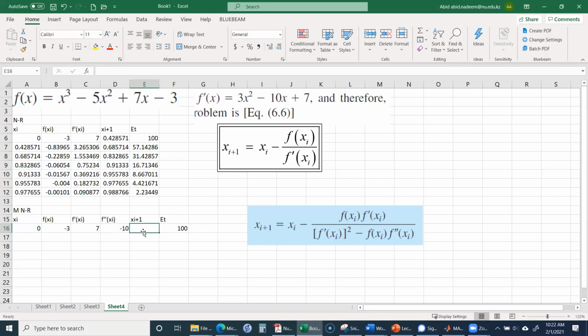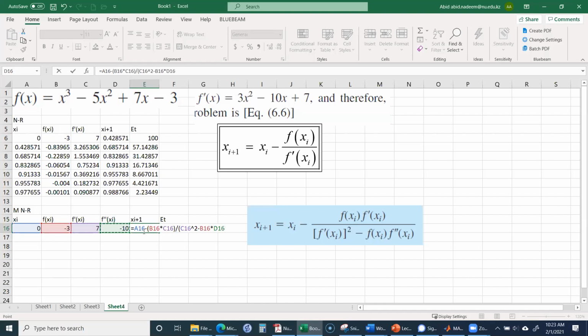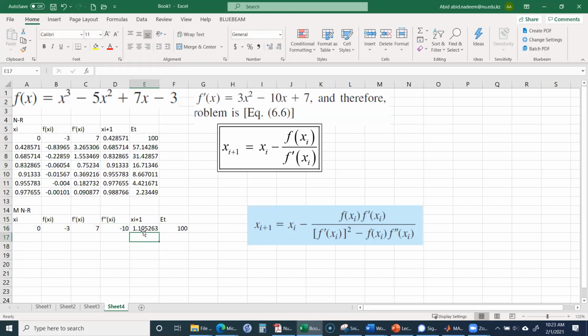It is equal to xi minus f of xi times f prime of xi, divided by f prime of xi square minus f of xi times f double prime of xi. So I get this value.